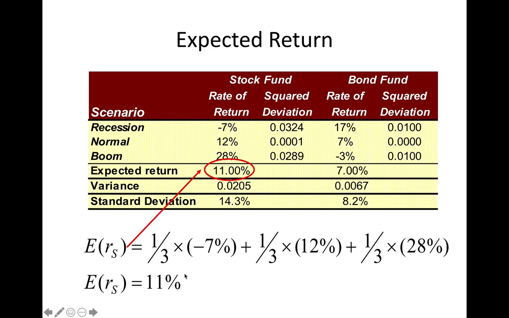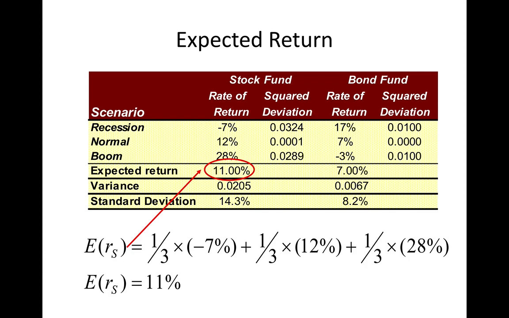With that, we proceed to computing the variance, and that we end up as 0.0205, and then once we take the square root, we have approximately 14.3% in terms of the standard deviation.